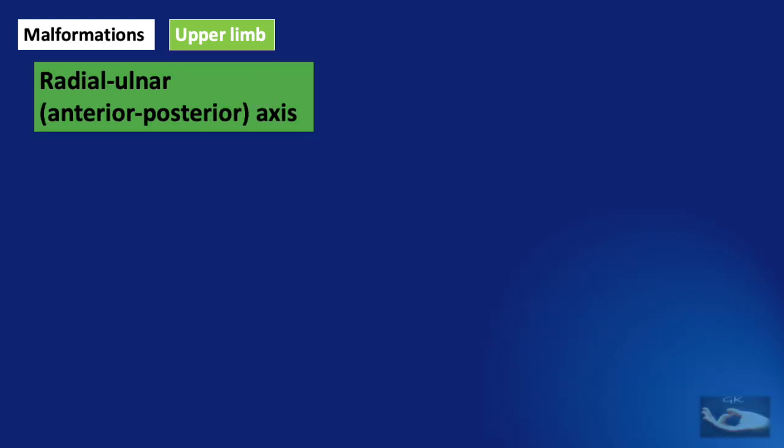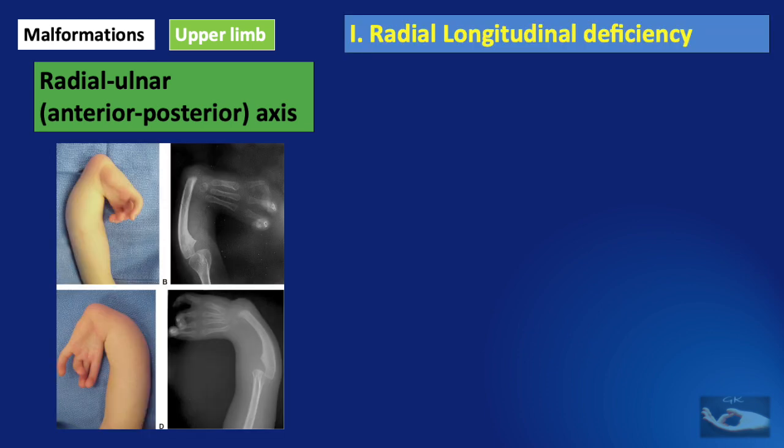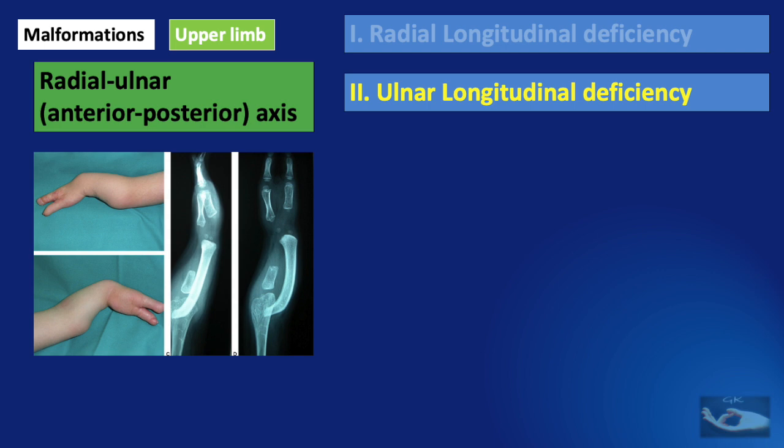So, considering the malformations of the upper limb involving the radial ulnar axis, the first category is the radial longitudinal deficiency, and the classical example of radial club hand falls under this category. Under the category of ulnar longitudinal deficiency, the ulnar club hand is seen.